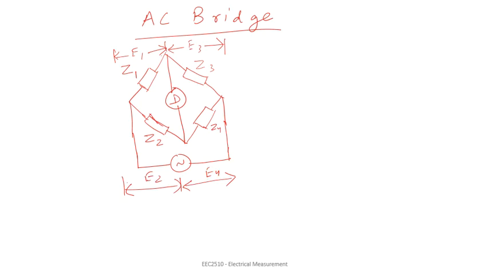So overall, we can just say that the AC bridge is a natural extension of the DC bridge, and in its basic form it just consists of four different bridge arms which you are able to see here, 1 2 3 4, a source of excitation which is the AC source in this case, and a null detector which is placed in this branch.